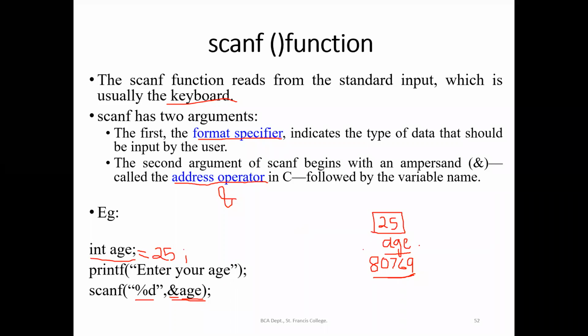But if you want to get the address of the variable, you have to mention ampersand age. Wherever I am mentioning ampersand followed by the variable name, I'll be referring to the address.